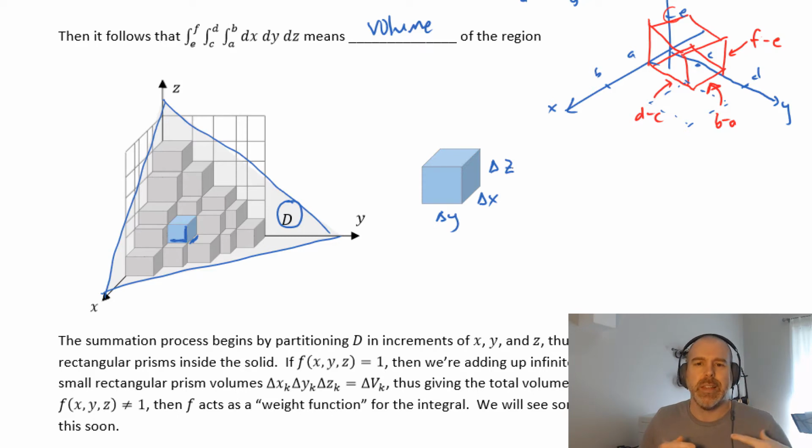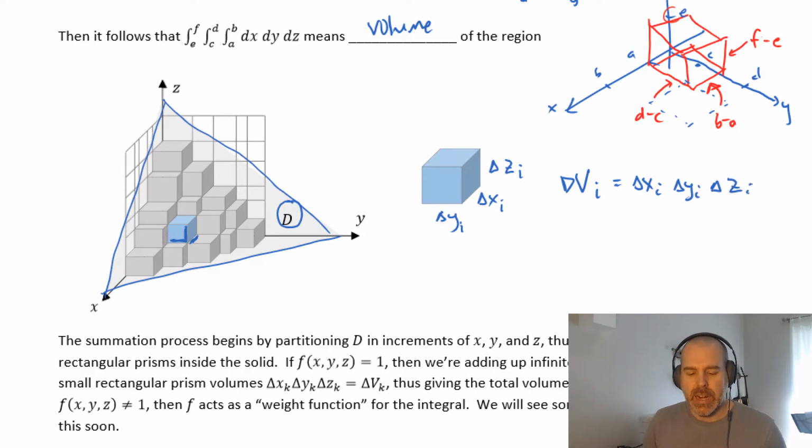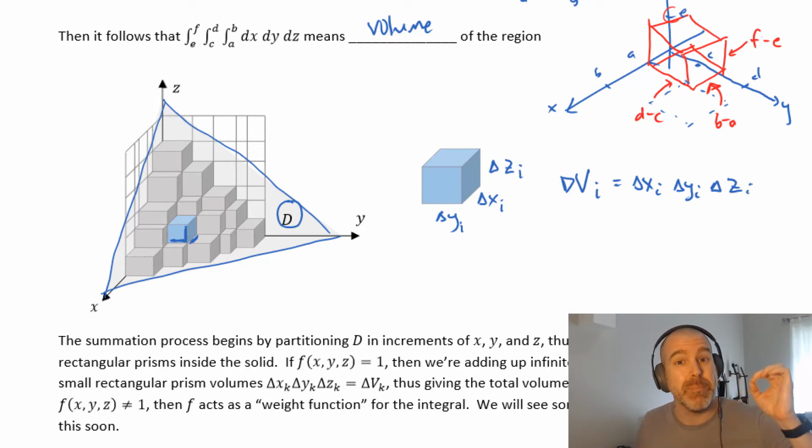We'll say this is the ith little box, not cube. And the volume of that little box would be delta x sub i times delta y sub i times delta z sub i.